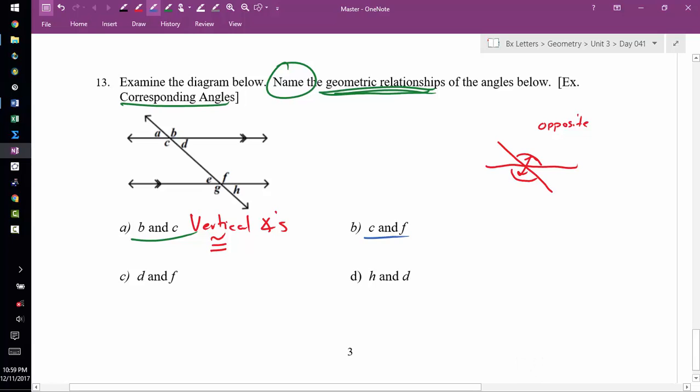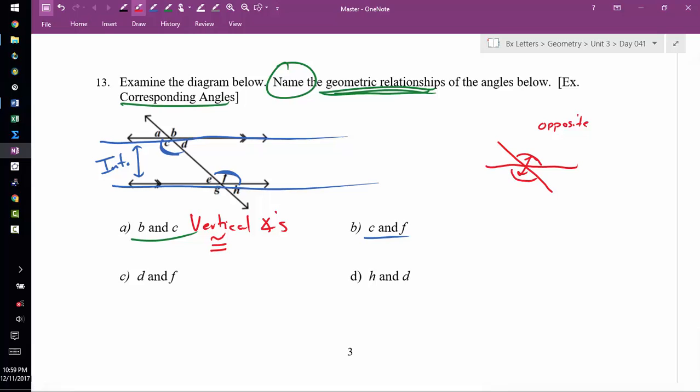Next, C and F. And here I notice they're interior. They're inside of my parallel lines. And they're on different sides of that transversal.